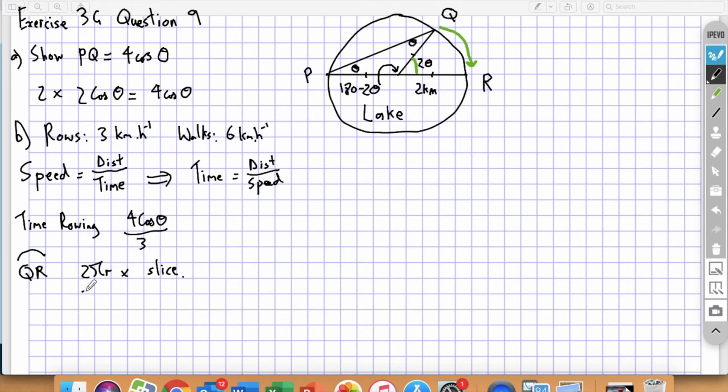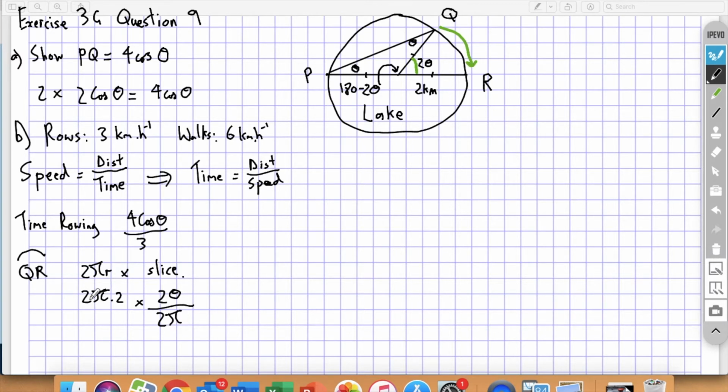So the distance would be 2 pi, now what's the radius? 2, which is just 4 pi, times the slice would be 2 theta divided by 2 pi, because we're working in radians, and the distance around this circle is measured in radians, 2 pi, right?